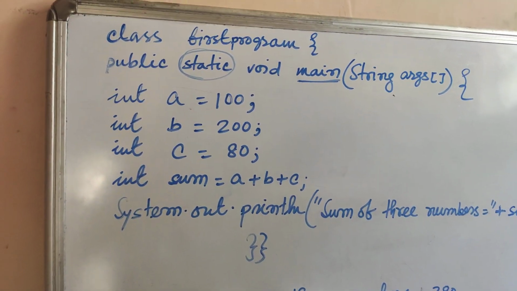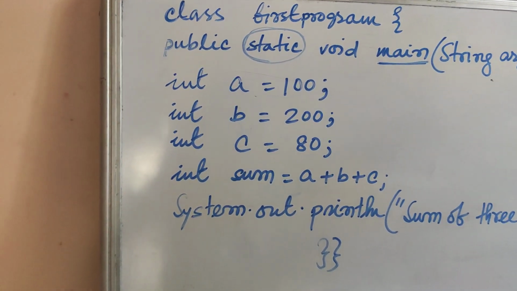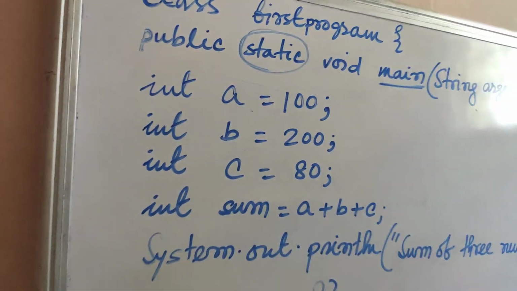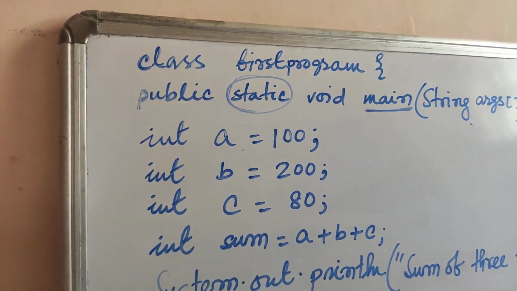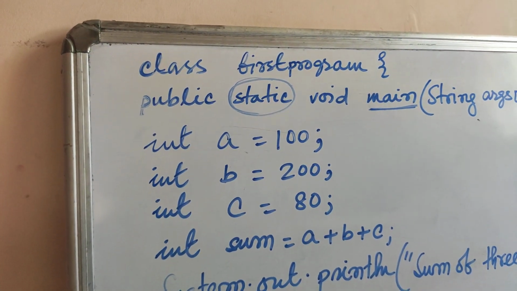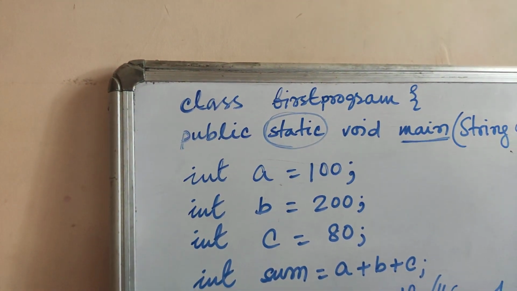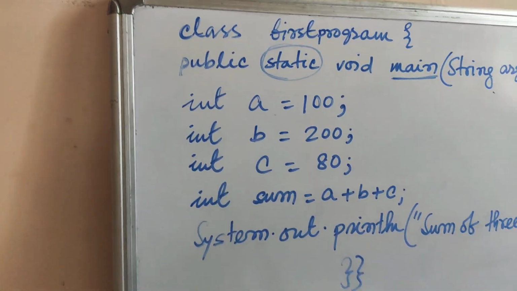Clear? Now, int what? a is an int variable. Int means only integer values are there. No decimal value you can take. If I want to take 100.95, then instead of int you have to take double or float.